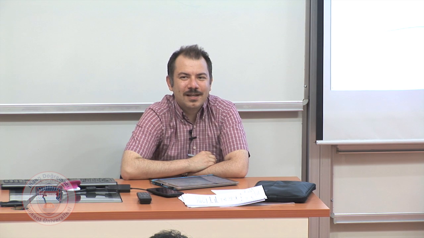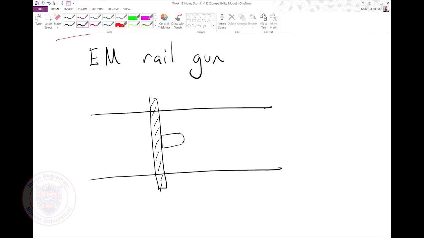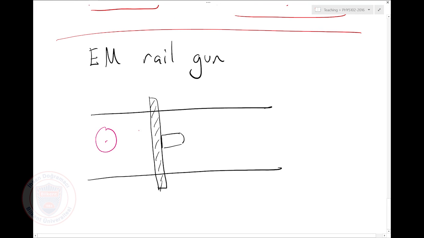Now the electromagnetic railgun works on a much simpler principle. It says, hey, let me put this rod again, but this rod is going to be my warhead, or maybe it's going to propel the warhead or the bullet. Now, let's put this in a magnetic field, constant magnetic field.